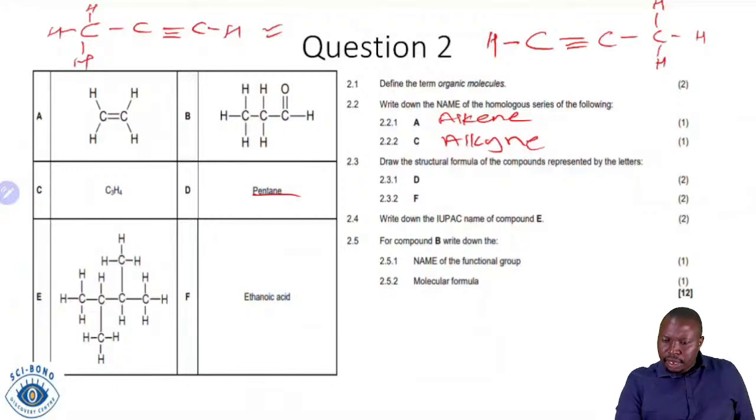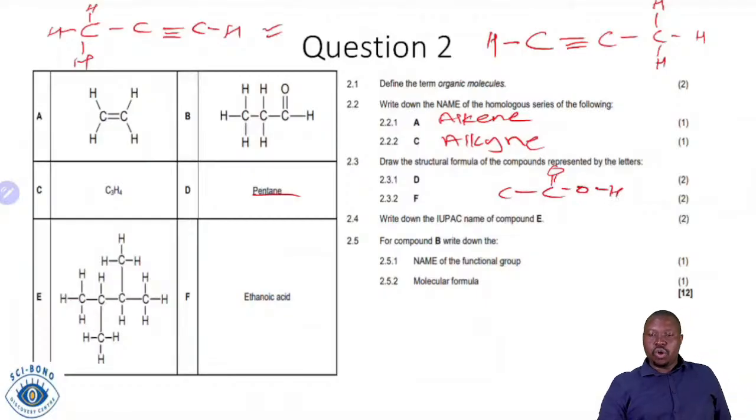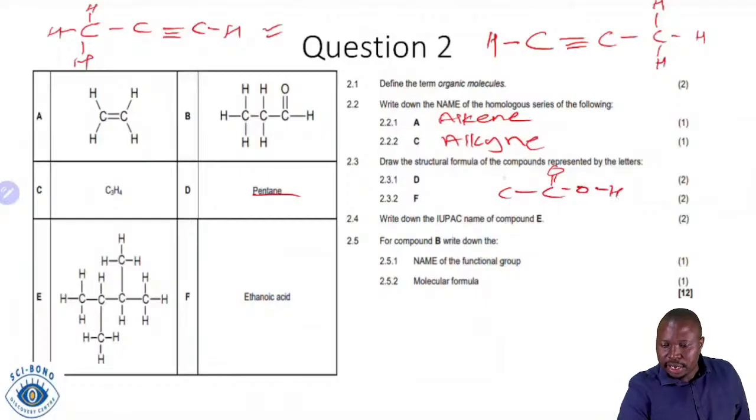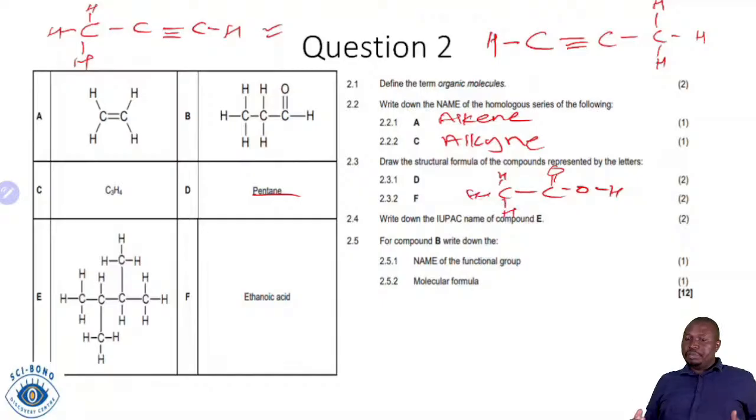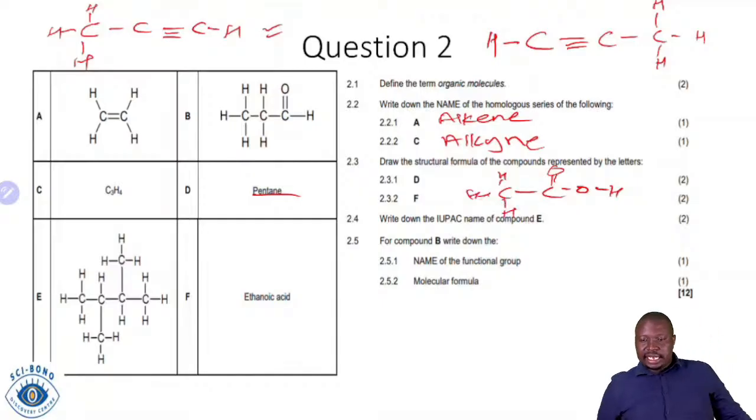Now, write down the structural formula of compound F. We've done that as well, where we said F is 2 carbons, and because it's a carboxylic acid, it is C double bond O, and then OH, and then you are able to show all the hydrogens there. Then you got your 2 marks. Can you see that if you are well prepared, you are able to write and answer these questions?